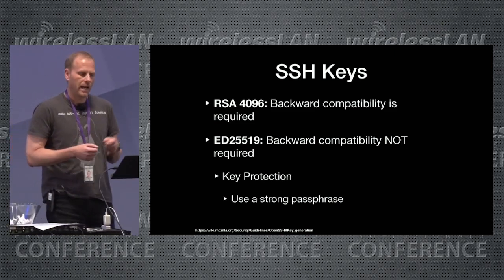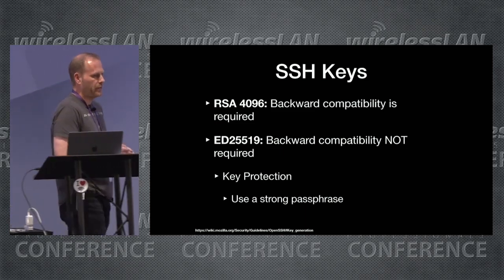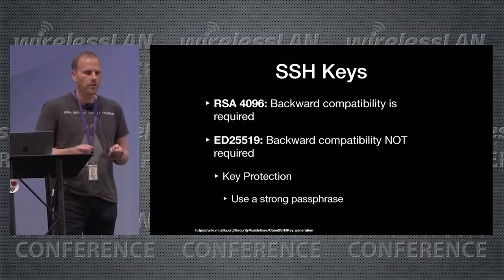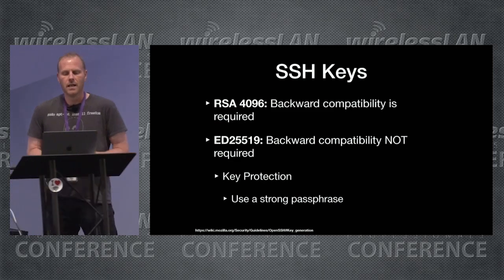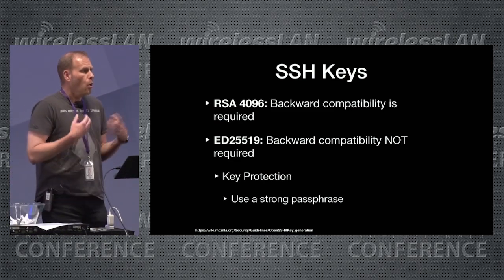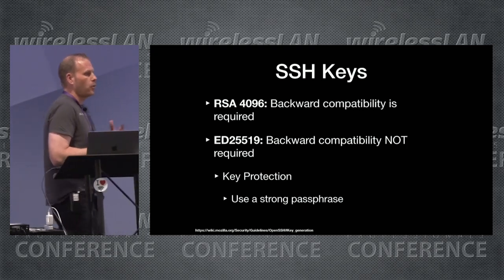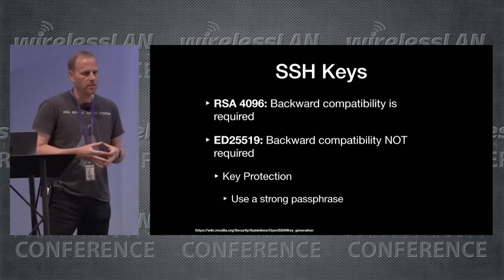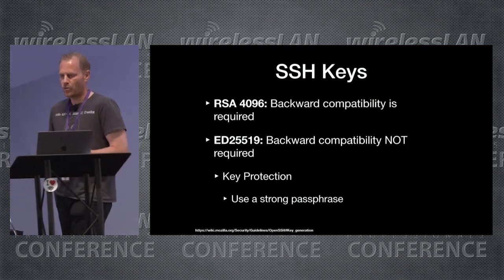The cool thing about those new keys is they're 256 bits, so they're much smaller, and you get the equivalent protection of an RSA 3072-bit key. With your private keys, you always want to ensure you have key protection by using a strong passphrase.